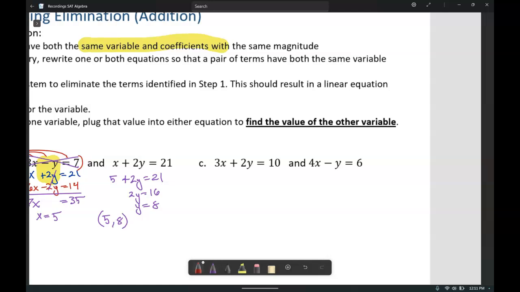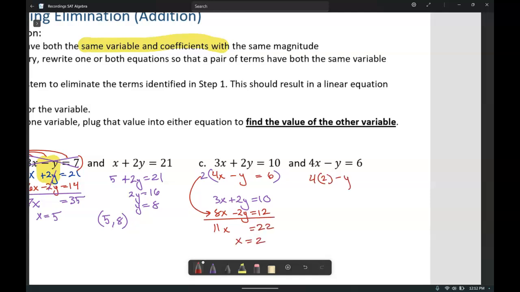And here we can go ahead and do it again. And there we get our solution.